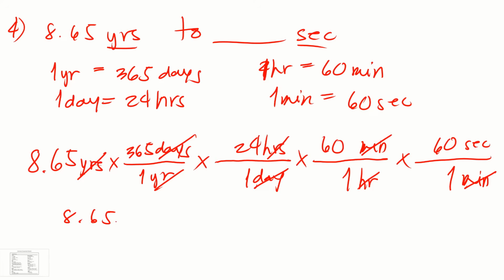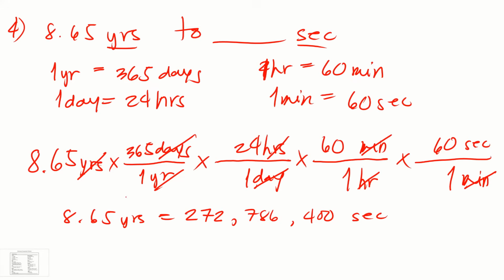So 8.65 years is equal to 272,786,400 seconds. So there are 272,786,400 seconds in 8.65 years.